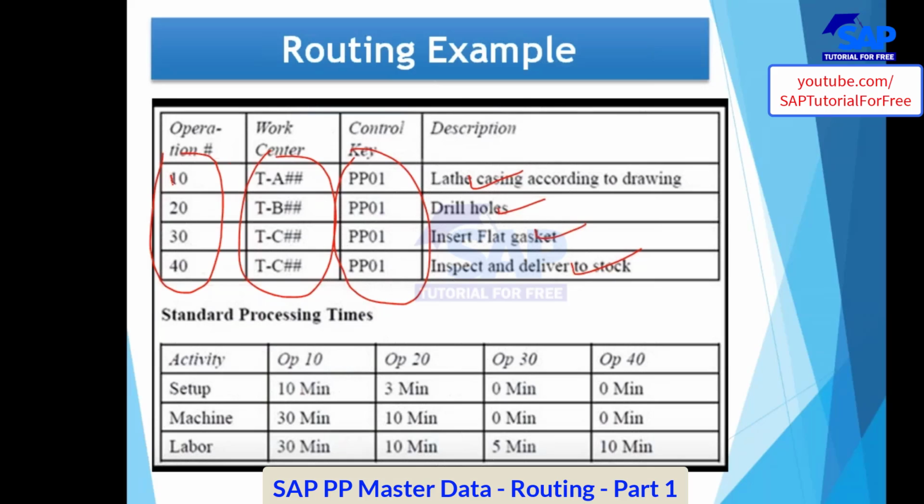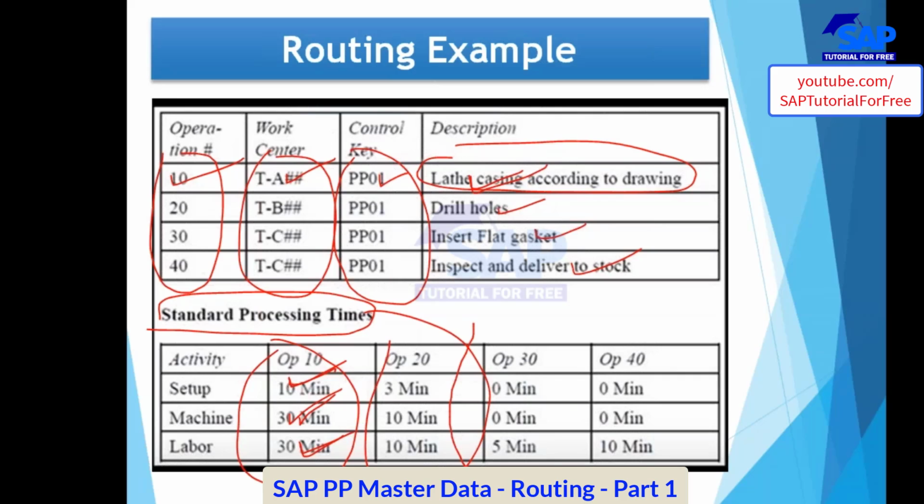For each operation you maintain the standard processing times like setup time, machine time, and labor time. That means this is the machine setup time, this is the actual machine hours, and this is the labor hours. For each operation you will maintain this. This is how a typical routing looks.